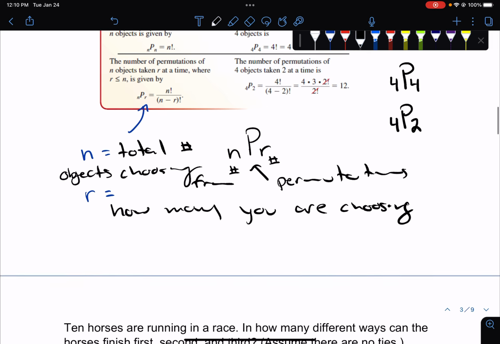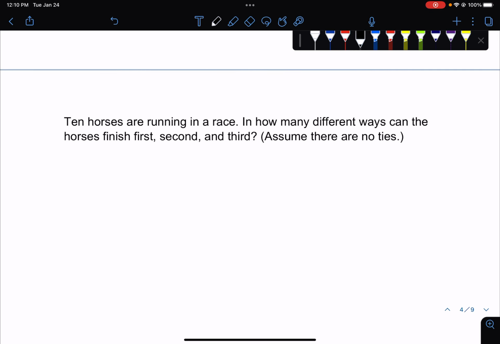All right. So let's look at a problem. 10 horses are running in a race. In how many different ways can the horses finish first, second, and third? All right. So all we're interested in, we're not looking at all 10 positions. We just want first place, second place, and third place.